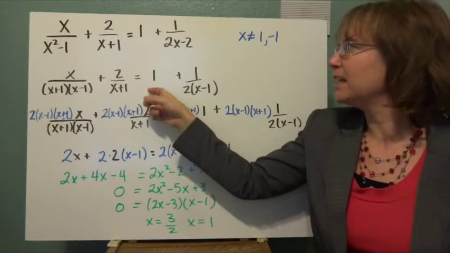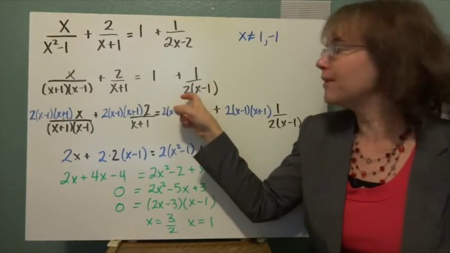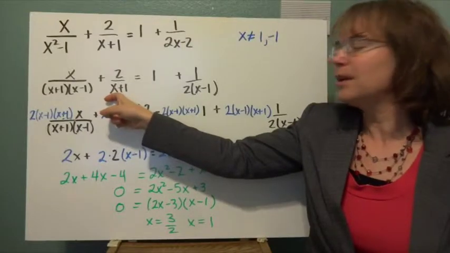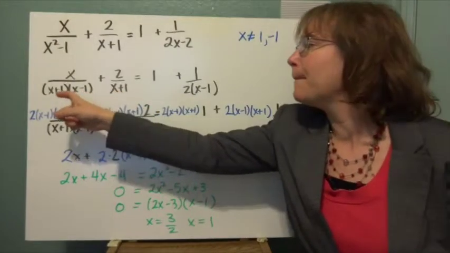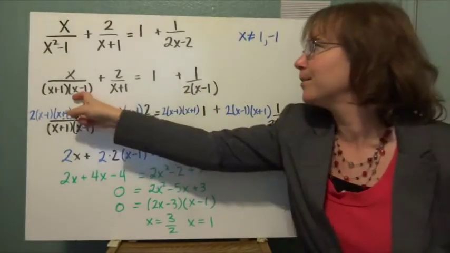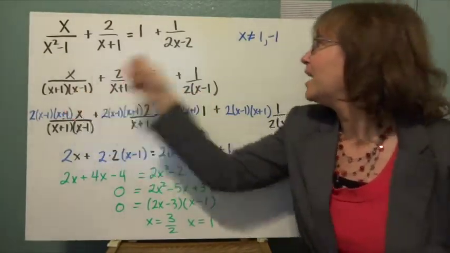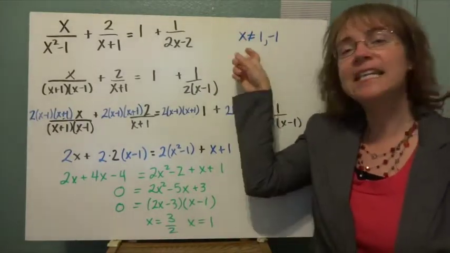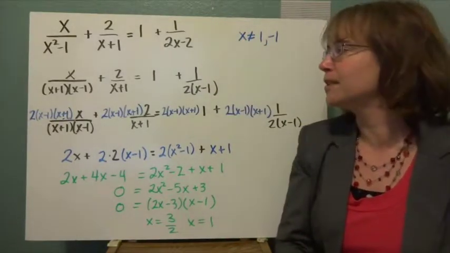Don't need to factor anything here, and factoring out a greatest common factor of 2 here. So I can see that negative 1 is going to make this denominator 0, and positive 1 is going to make this and this denominator 0. And so I know that x can't have the values of 1 or negative 1, and I need to keep that in mind when I'm finding my solutions.